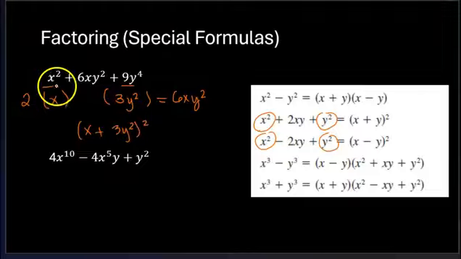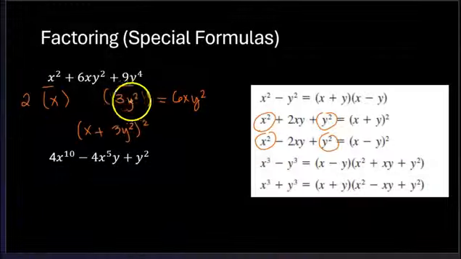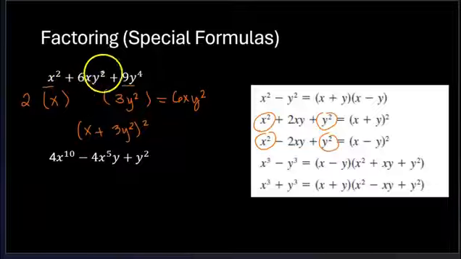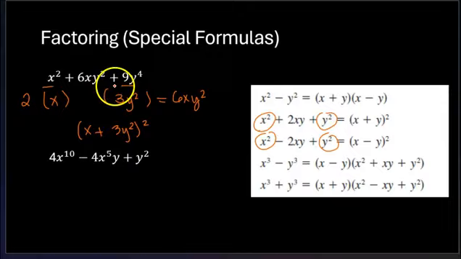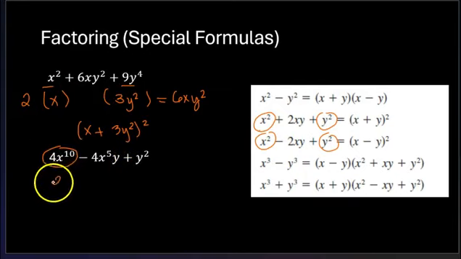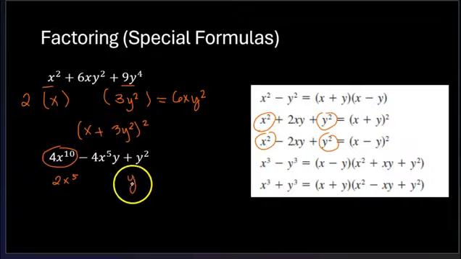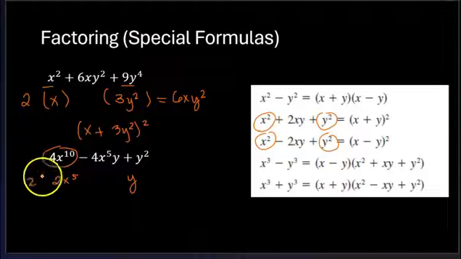So, you take the square root, then multiply them and then by 2. That should be the middle term. And of course, the sign: it should be positive, positive, or the other one is negative, positive. Let's repeat it again. We take the square root of this, so that's 2x raised to 5, and you get the square root of the other side, and then we multiply them times 2.